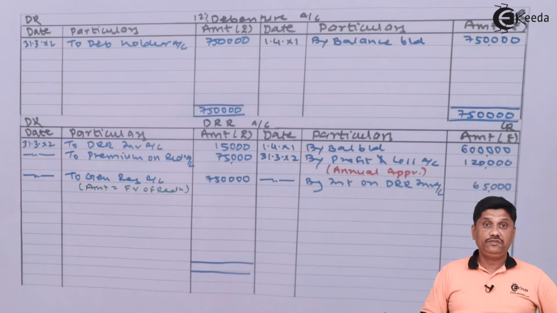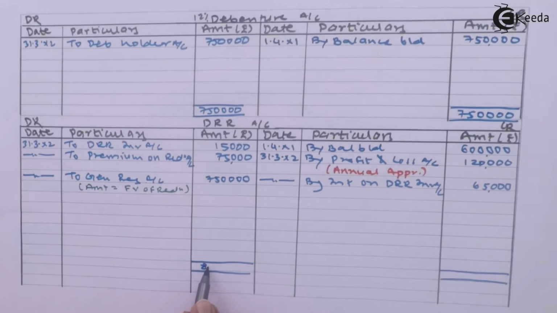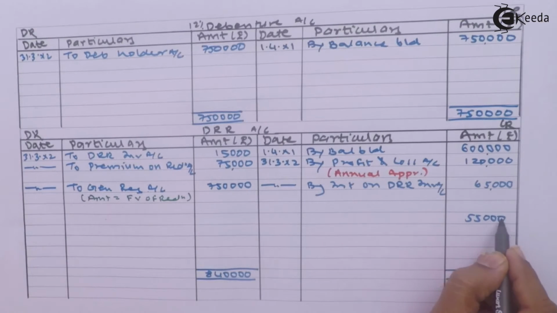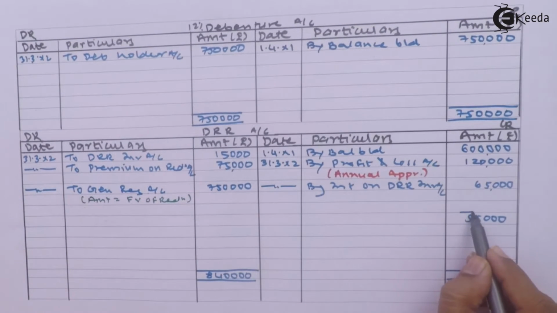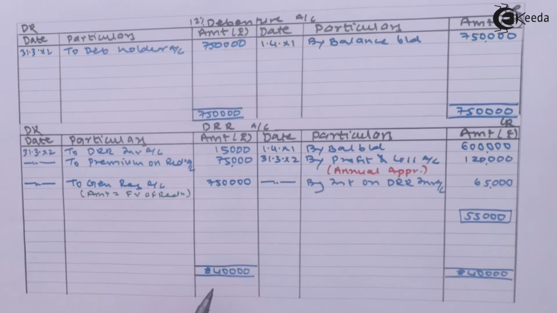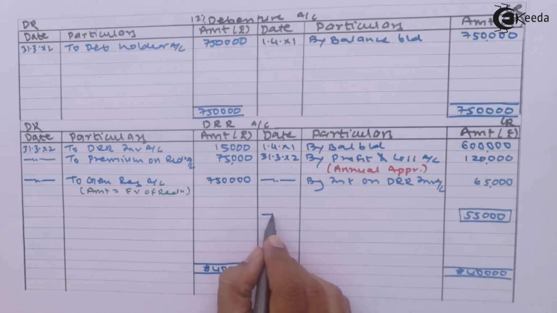So if debit side is heavier, that will be made good out of profit and loss. This 55,000 shortfall in DRR account, that will be transferred to profit and loss. That will be made good out of profit and loss by making further transfer.